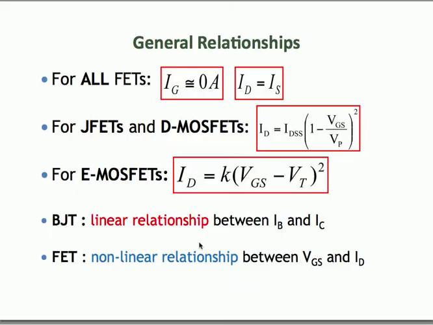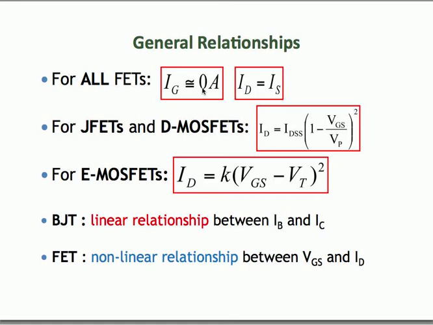Okay, so let us first recap some of the general current-voltage relationships of all the FETs that we have studied so far. For all FETs, including the JFETs and MOSFETs, the gate current is zero, because the input impedance of all the FETs is very high.